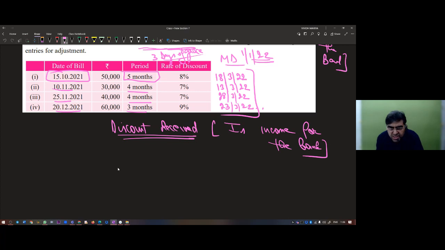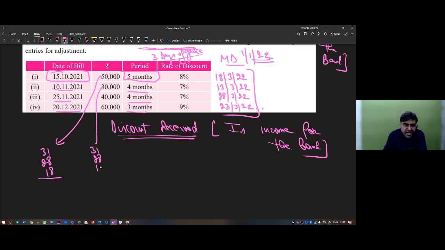So the interest not earned on this transaction will be January, February and March.